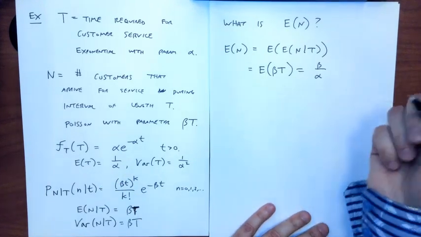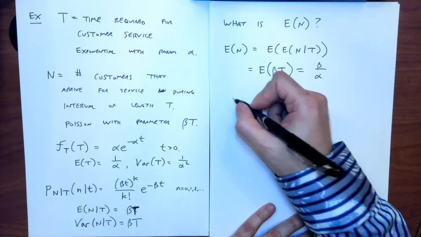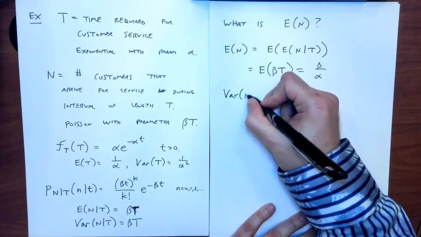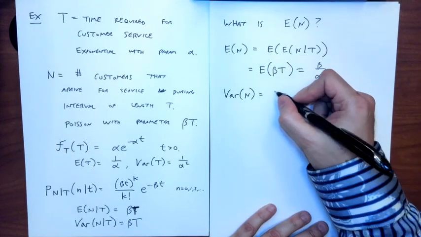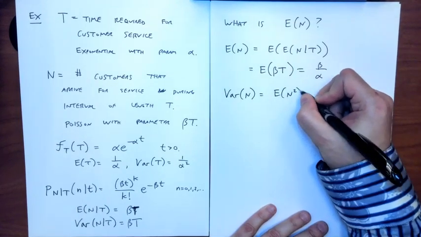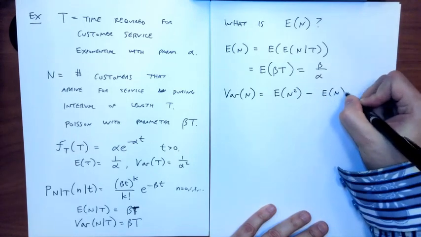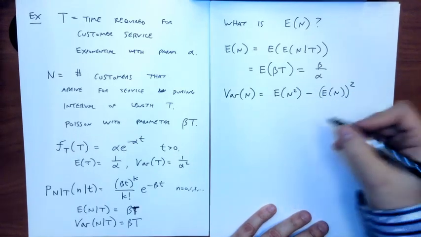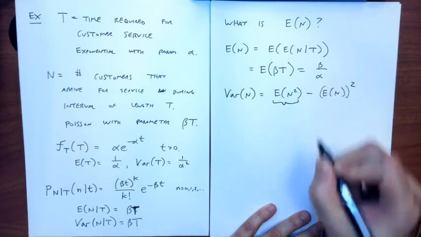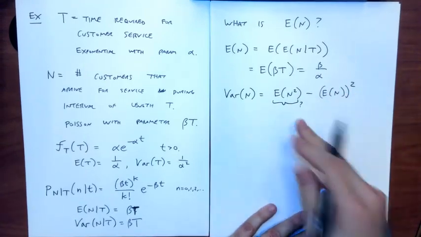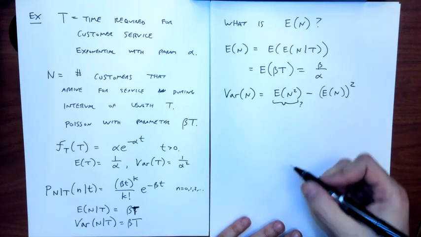That's easy. What is the variance of n? That's going to be the expected value of n squared minus the expected value of n, squared. Now I need this, so I'm going to use the same law of iterated expectation.